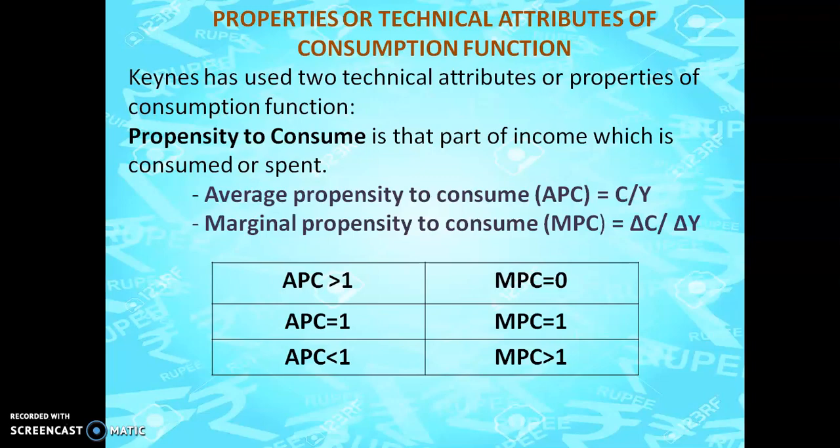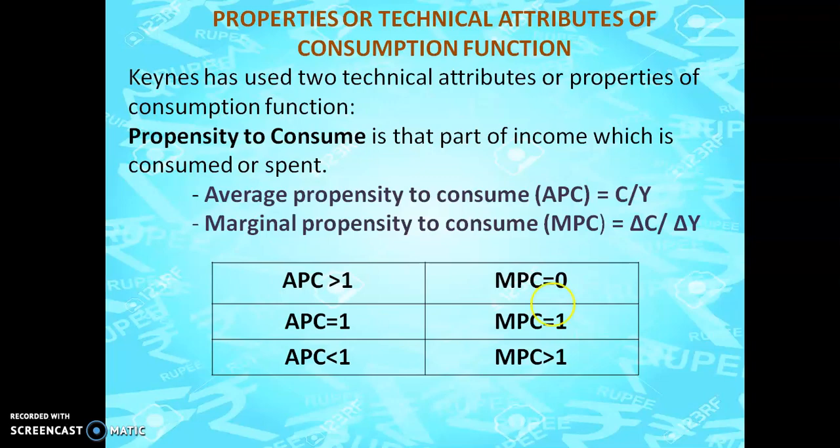So how is consumption related? Income is equal to consumption plus savings. Keynes, whatever pronunciation you want, American or British accent, took the consumption function, and next we are going to do the saving function also.